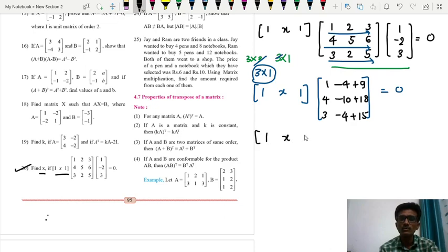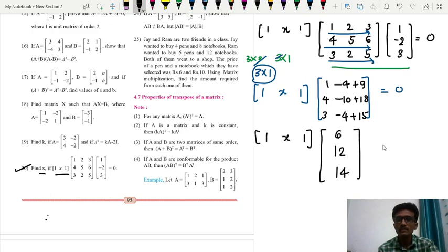1x1 this row matrix into this column matrix. See what is this column matrix? ये column matrix क्या आएगा? देखो 6. Okay, 6. Here it is 12 and this is 14. Right hand side is null matrix 0. Again you multiply it.